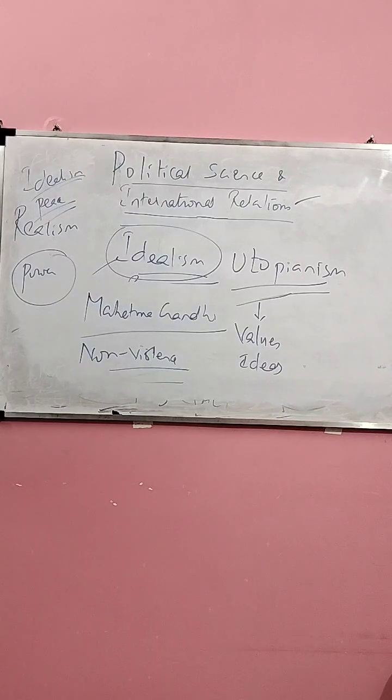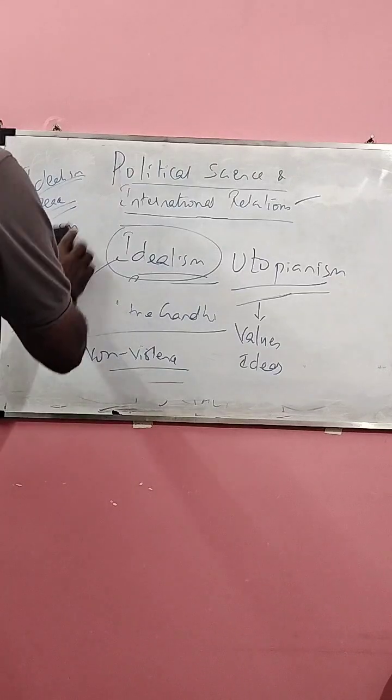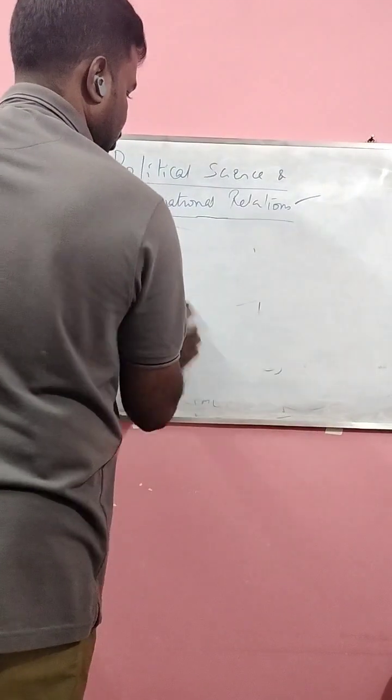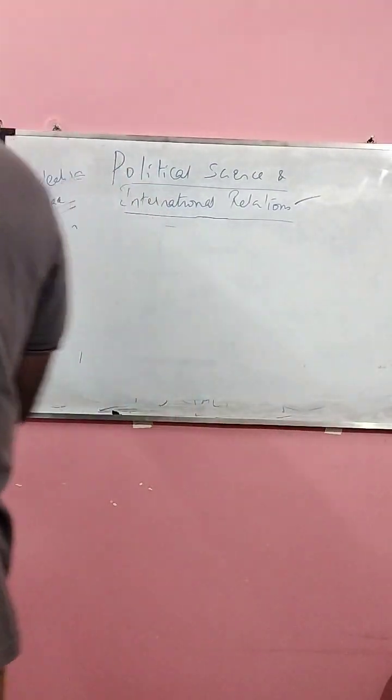Apart from this, the idealists also want to reform the international system, strengthen cooperation between countries, and strengthen international law. Got it? So, they want cooperation between states at the international level.